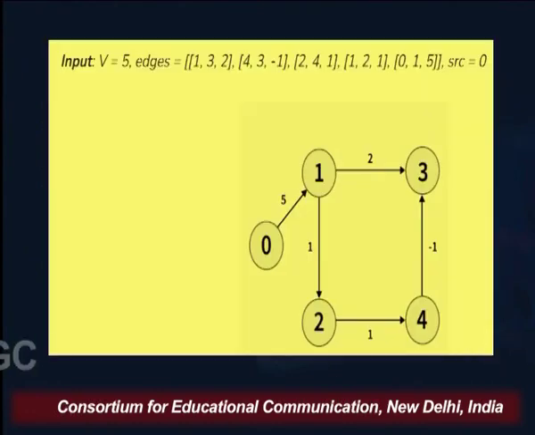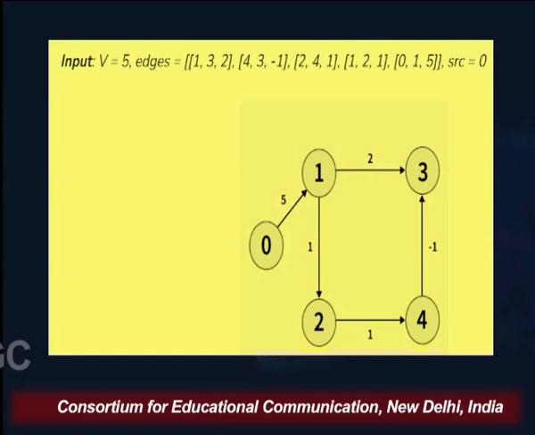So here let us take a graph and try to understand how this relaxation is happening. Here we give the representation of this graph. It has a total of 5 nodes, from 0 to 4. So the value of V is 5, and the source node is 0.